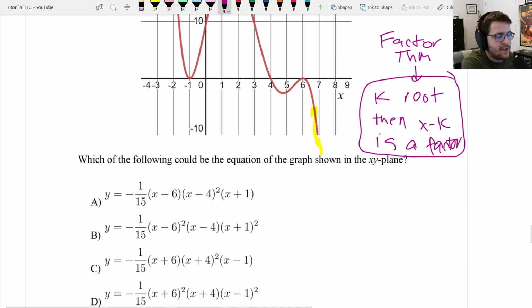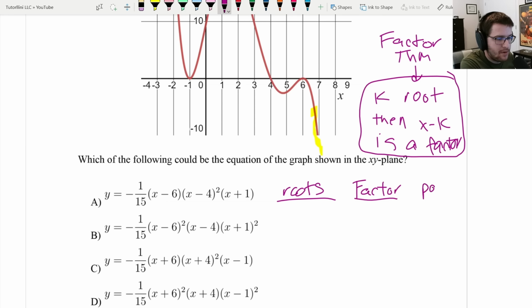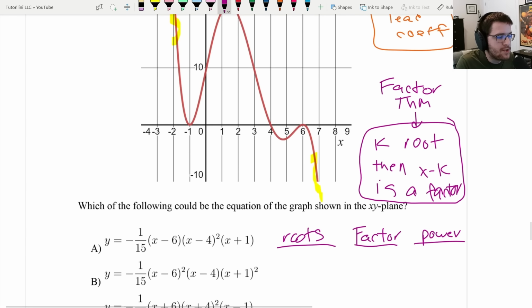So I'm going to make a little table of the roots, just a fancy word for x-intercepts. Then we'll write the factor, and then we'll write the power or multiplicity. I'll go from left to right. We've got an x-intercept at -1, we've got 4, and we've got 6.